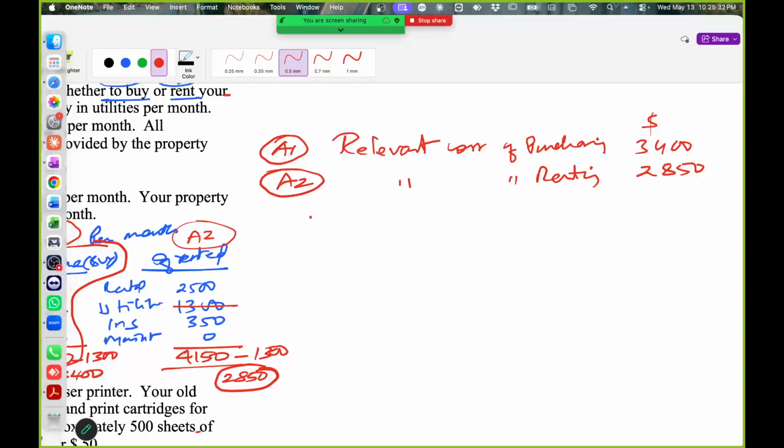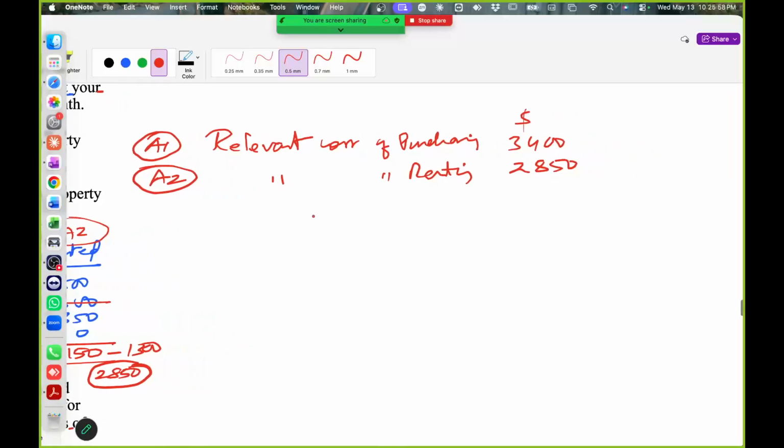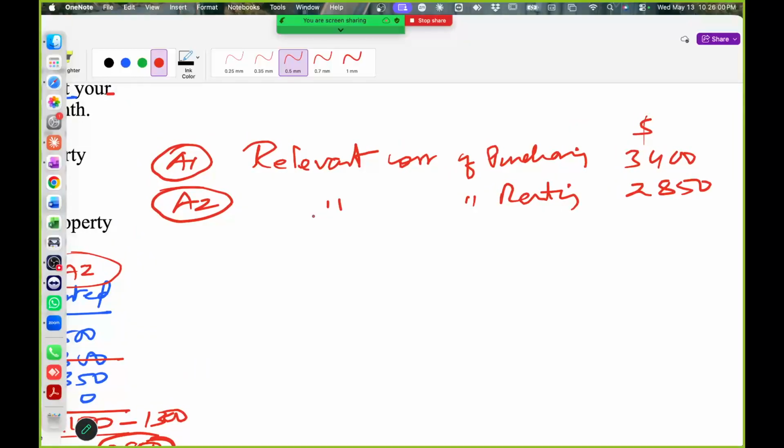Which one do you recommend to your management, or to your owner? Which one do you prefer? Simple, two numbers. You are the one who is starting the local restaurant.